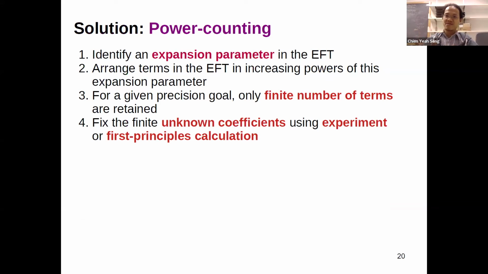If such an expansion parameter can be identified, then for any given precision goal, you only need to retain a finite number of terms in the Lagrangian, because all other terms are suppressed by powers of this small expansion parameter. And when you only have a finite number of terms in the Lagrangian, then you can fix the finite number of unknown coefficients using a finite number of experiments or a first-principle calculation. So once this finite number of coefficients are fixed, all other things are predictions of the theory.